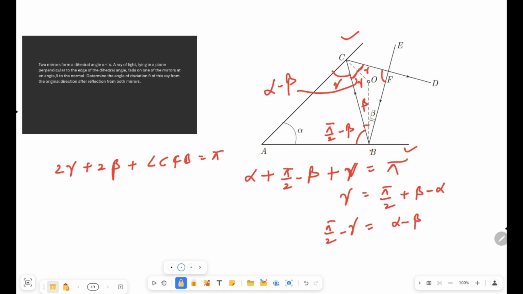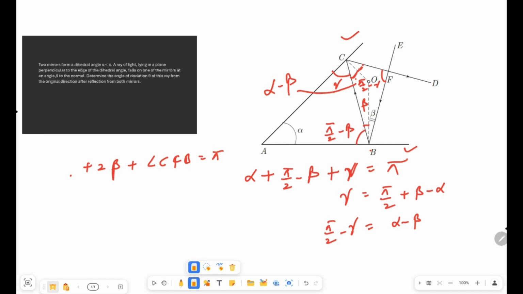I was making a mistake. If this angle is gamma, this angle is pi by 2 minus gamma. These two angles are pi by 2 minus gamma each, and pi by 2 minus gamma is alpha minus beta. So this angle is alpha minus beta.